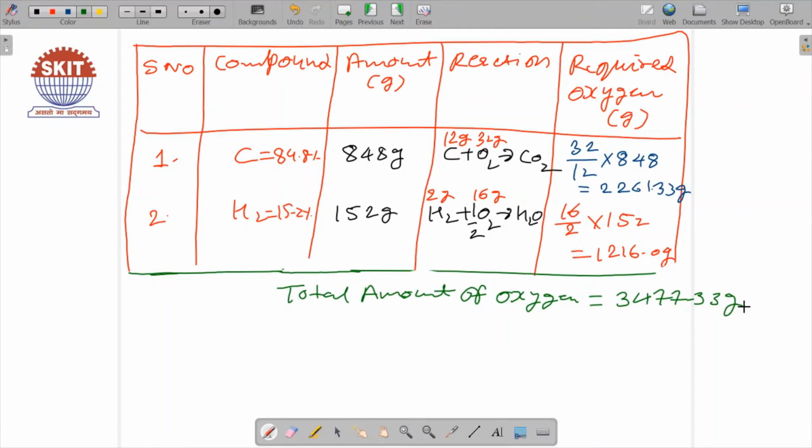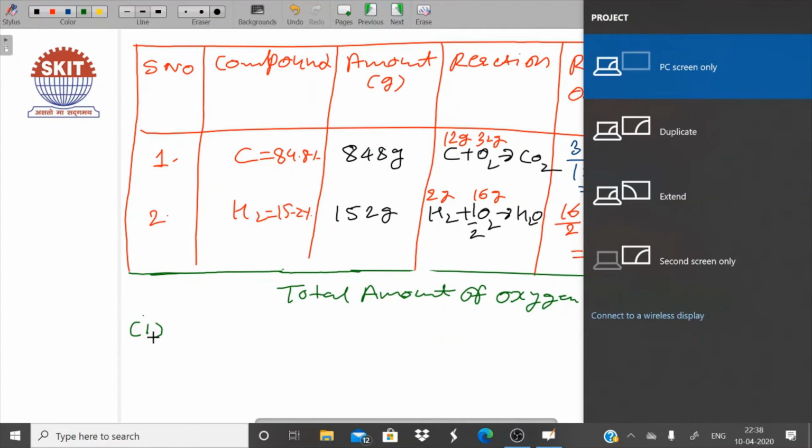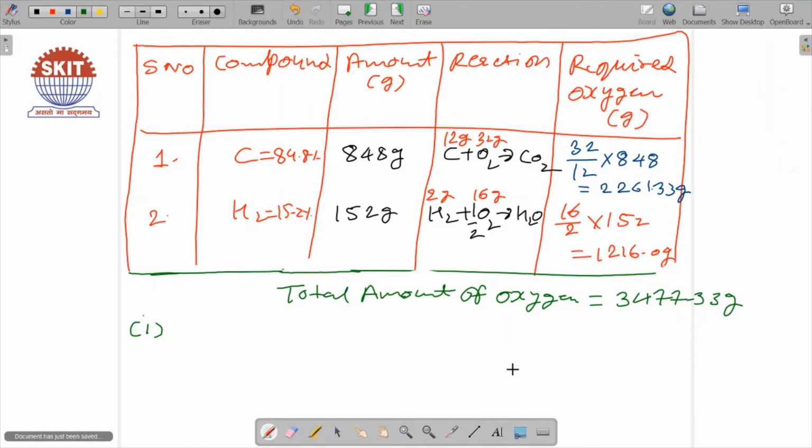So we will calculate point first, the amount of air.